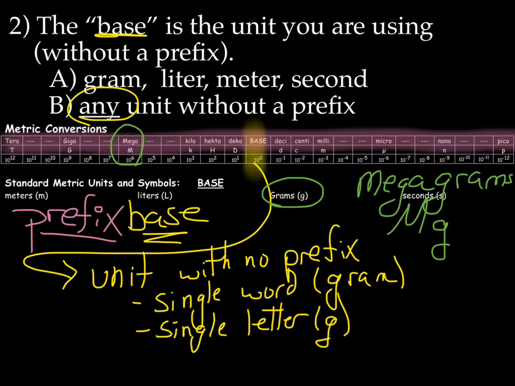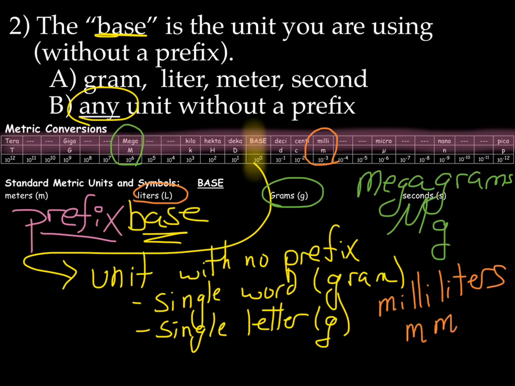Let's try one more. We've got something in the liters area. Okay, so we could write that as milliliters, or we could write it abbreviated as small m for milli and capital L for liters. Those both say milliliters.